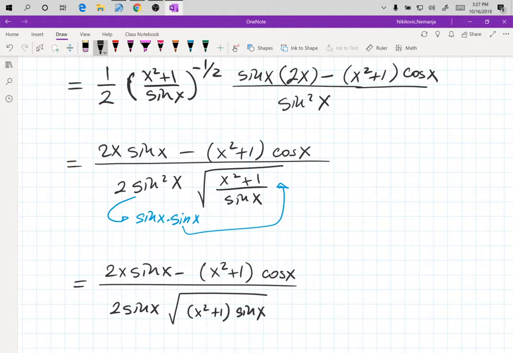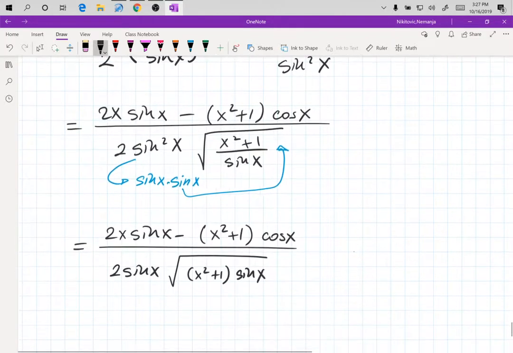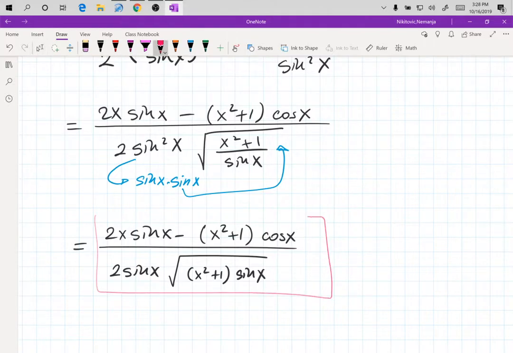Because one of the sines would cancel. Why? When you stuff something into the square root, it becomes squared. So you would have two of the sines in the numerator and one would cancel with the denominator. So this would be the simplified version. It can go further, but yeah, it's good enough.